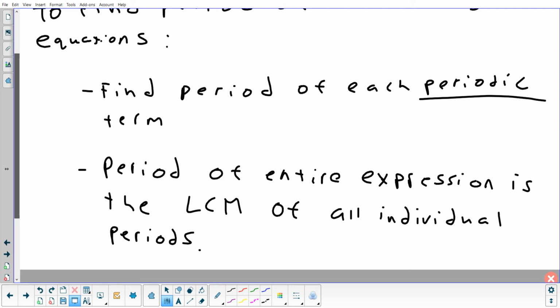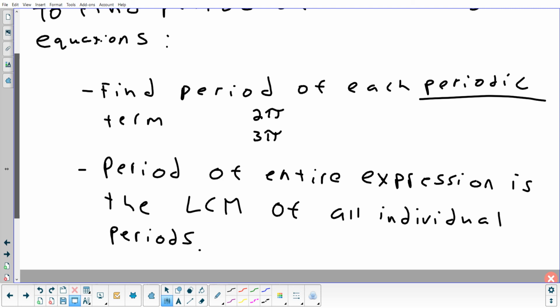So let's say we're doing a problem and one of your terms had a period of 2 pi and the other one had a period of 3 pi. What would be the least common multiple between 2 pi and 3 pi? So this is a number they would both divide into without a remainder.